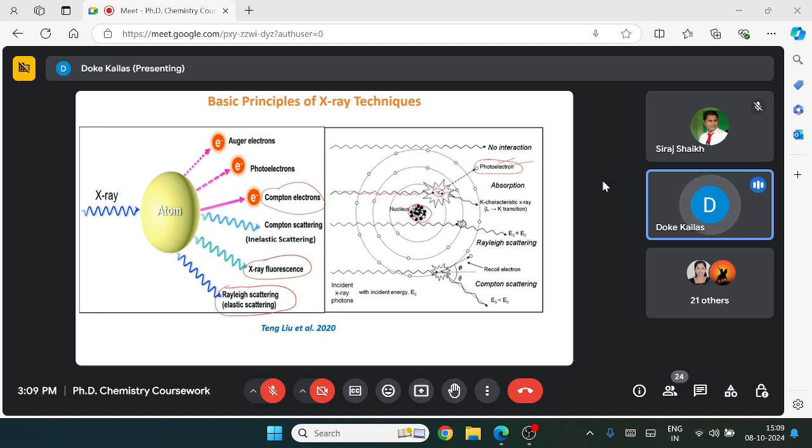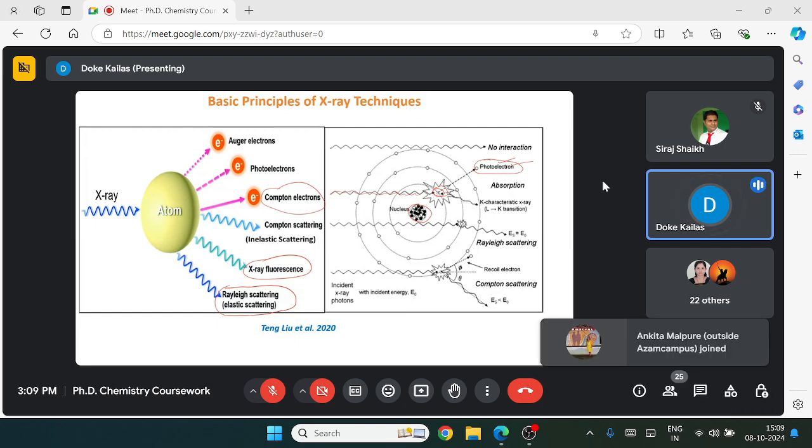So what we measure is the kinetic energy of ejected photoelectrons by interaction of monochromatic X radiation, which has high energy, and preferably with the core electrons, it has energy enough to remove the electron from the core cell.